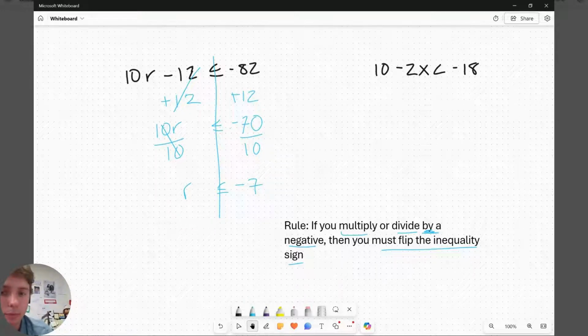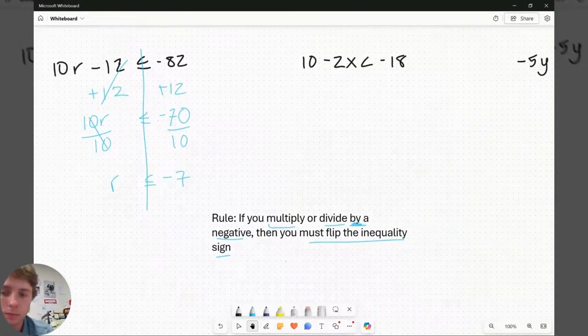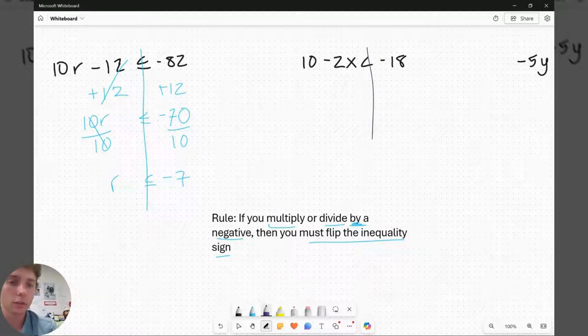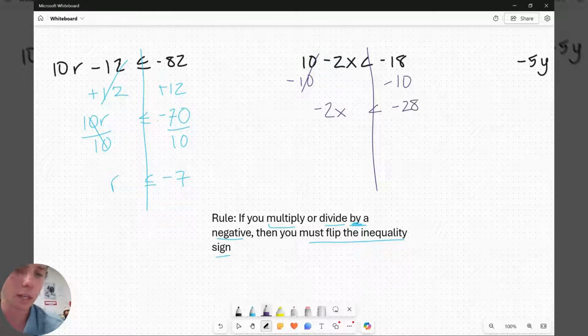Let's look at an example that it would actually change on now. Let's compare that to this problem after it. Again, you still can go through that same process, get rid of whatever adds or subtracts first generally, and then divide or multiply by whatever is in front of it or under it. So we can divide by the negative 2, and notice what's happening.